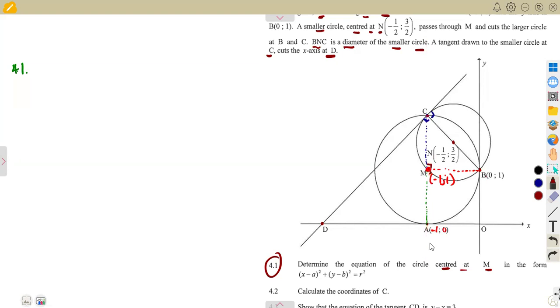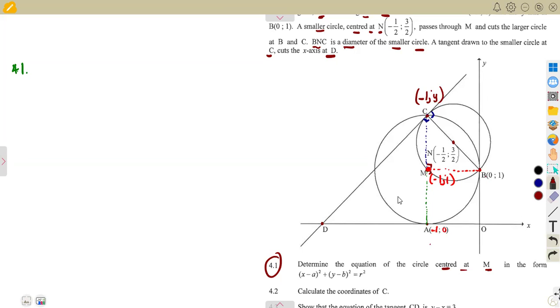Throughout, x is equal to -1, meaning at C also x is -1, even though we do not know the value of y. If we calculate the coordinates of C and we do not get -1, then what I am saying here is totally wrong. So that is the analysis of the diagram, and that is where it plays a role.